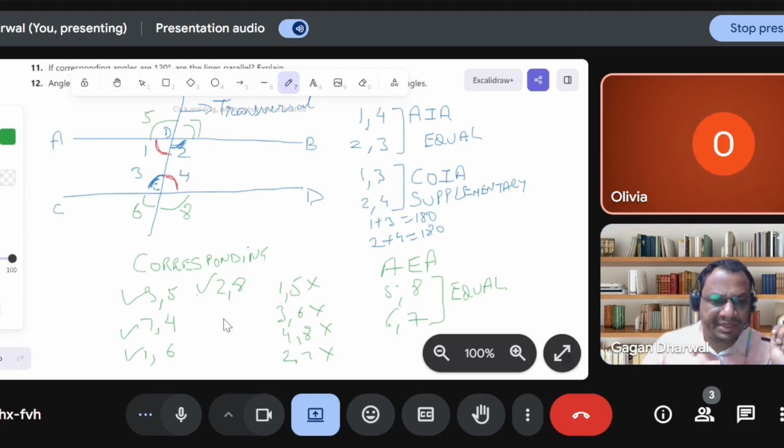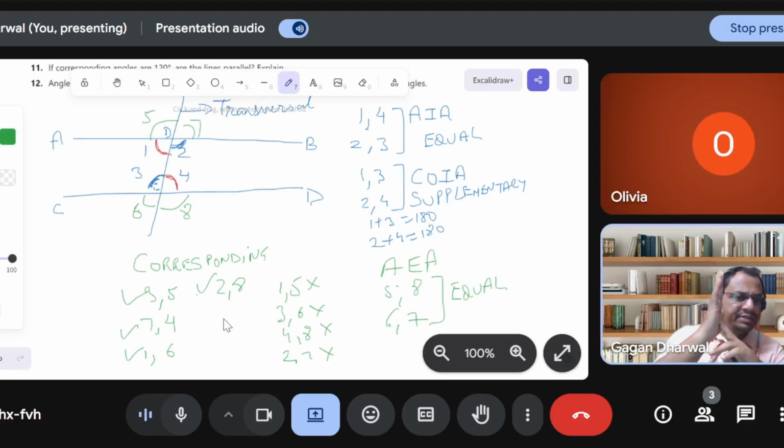Make sense? So we covered four sets of angles. Alternate interior, which lie inside the parallel lines, but not on the same side, and they are always equal. We covered co-interior angles, which lie inside the parallel lines and are on the same side, and they add up to 180.